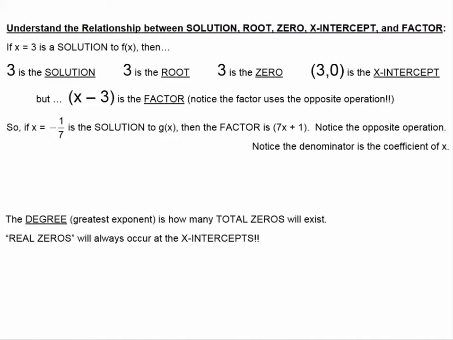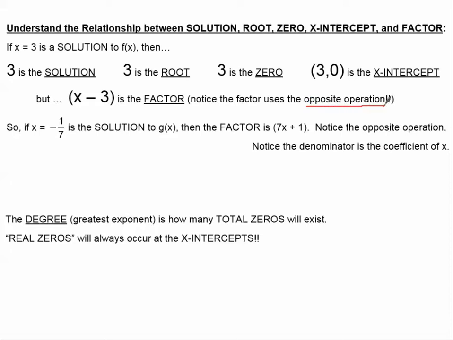Understanding the relationship between the solutions, roots, zeros, x-intercepts, and the factor. For example, if x equals 3 is a solution, then the number 3 is a solution, 3 is a root, 3 is a zero, (3, 0) is the x-intercept, but x minus 3 is the factor. Notice that the factor uses the opposite operation.